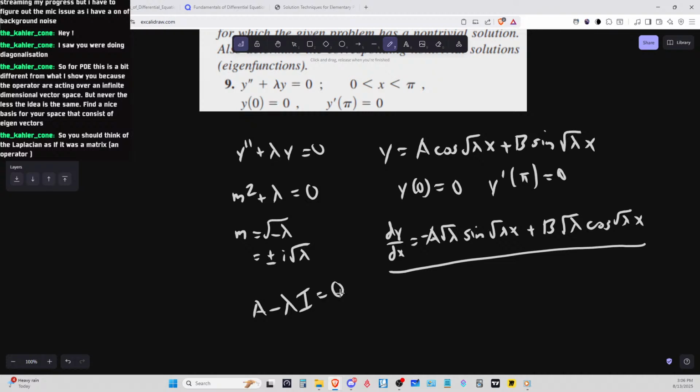So I have to figure out how to turn this equation into a matrix setup with this relationship. That way we figure out what lambda is, and then we can complete the rest of this problem.